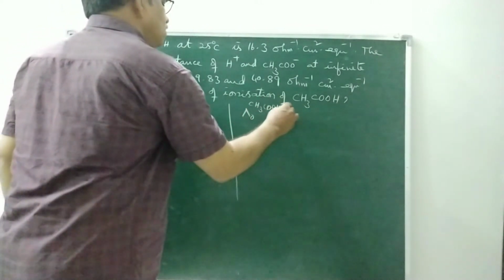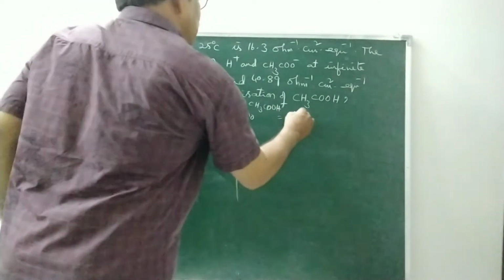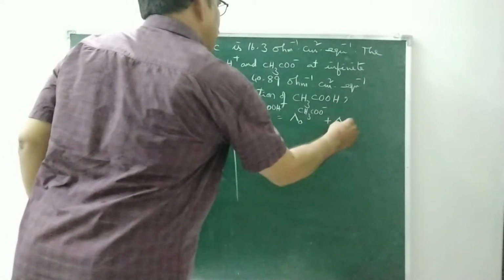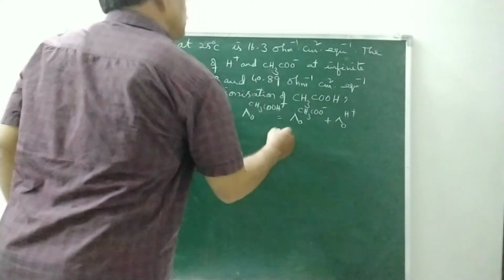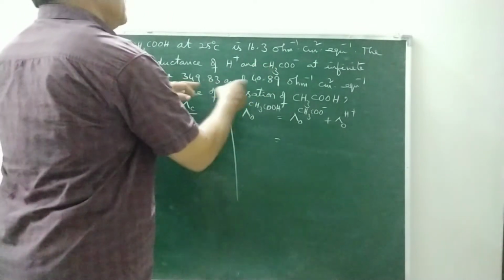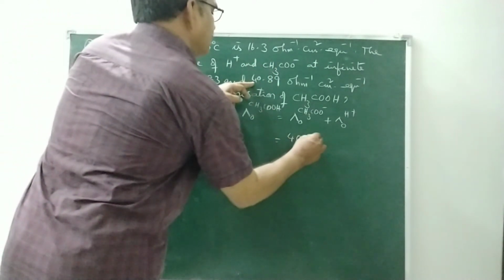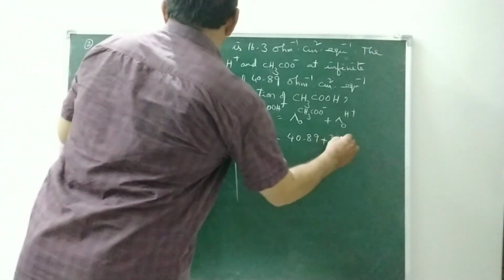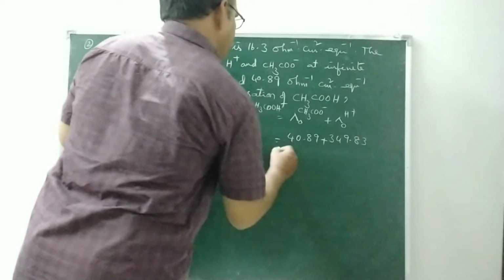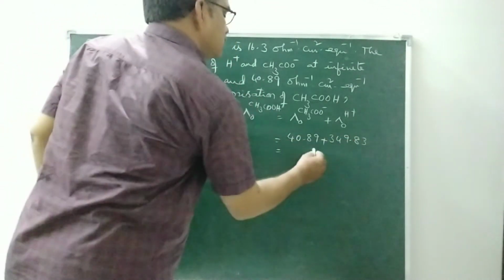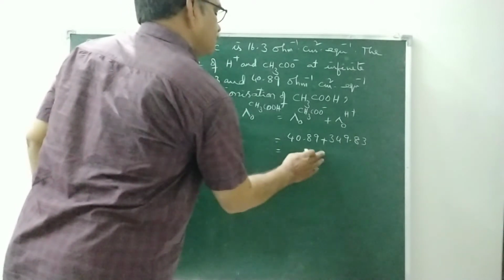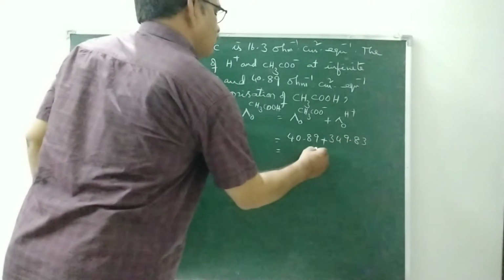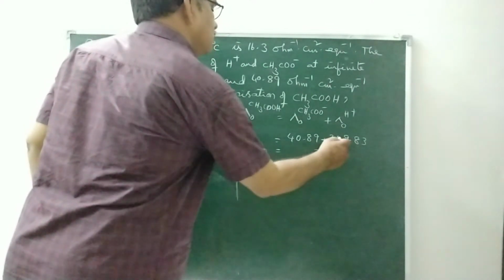Lambda naught CH3COOH, according to Kohlrausch law, is lambda naught CH3COO minus plus lambda naught H plus. So lambda naught CH3COO minus is 40.89 plus lambda naught H plus is 349.83.